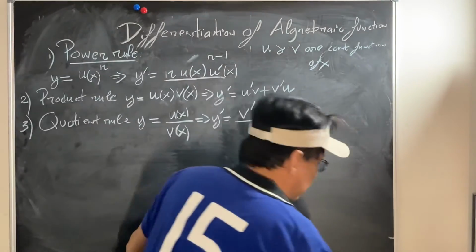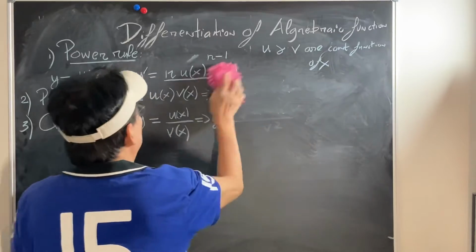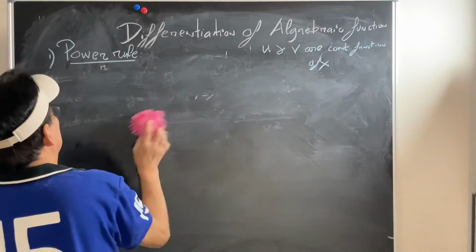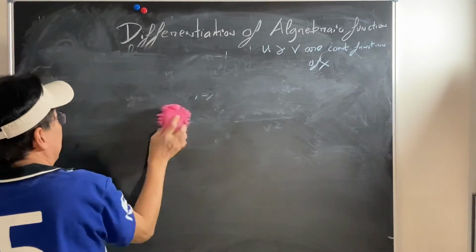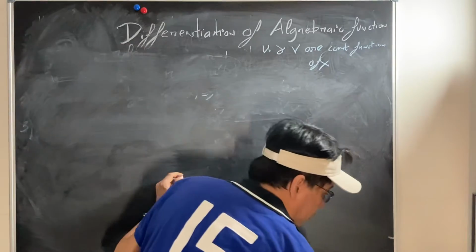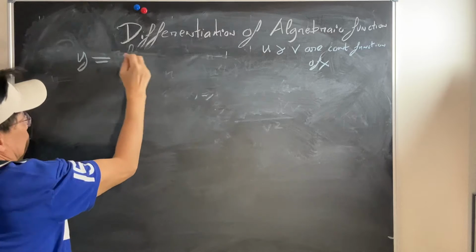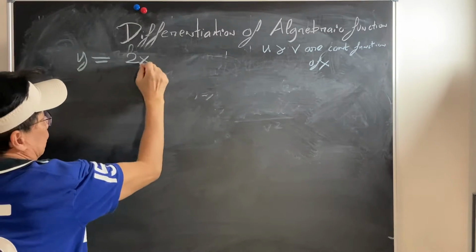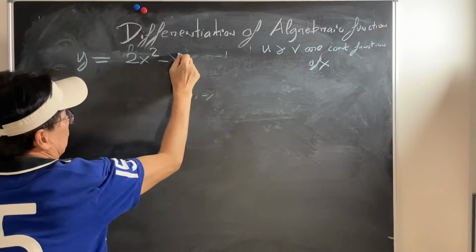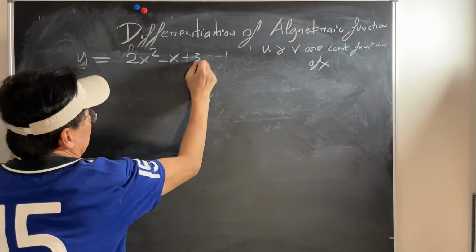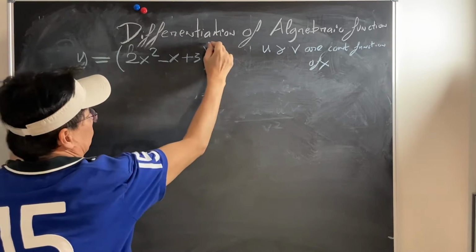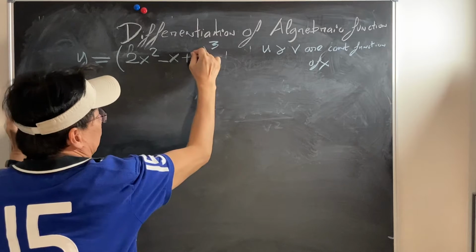First, we take an example on the power rule. Suppose you have y equal to 2x squared minus x plus 3, to the 3.